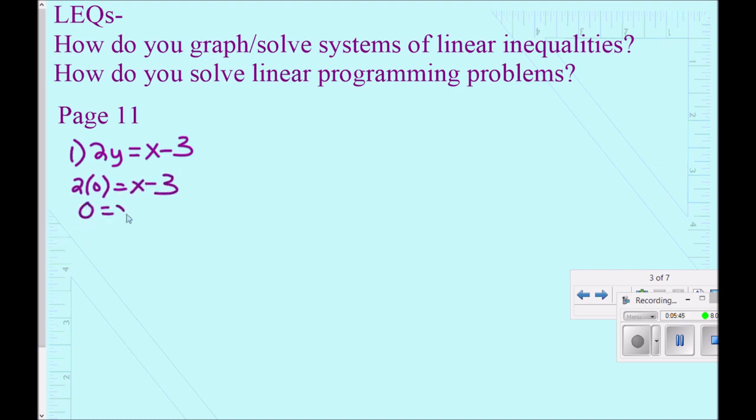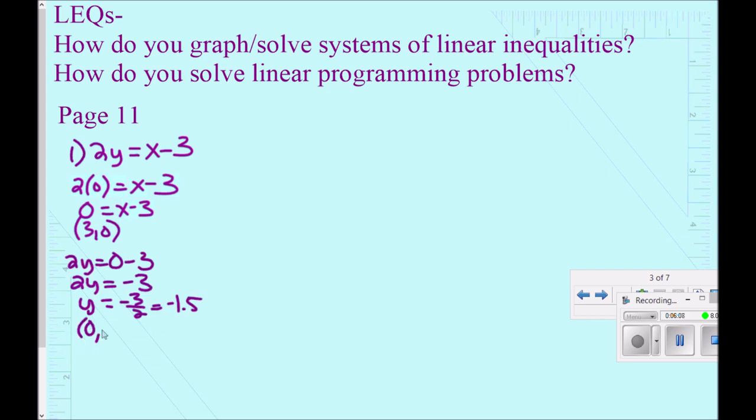So 0 equals x minus 3, which means 3, 0 is my x-intercept. Secondly, the y-intercept. So I'm putting 0 in for x and solving for y. So 2y equals negative 3, which means y is equal to negative 3 halves, or negative 1.5.